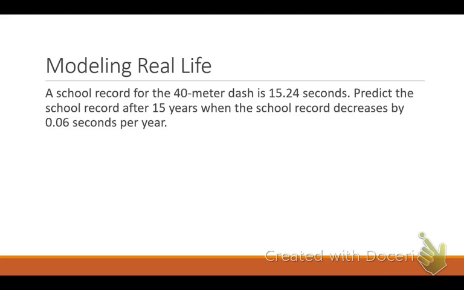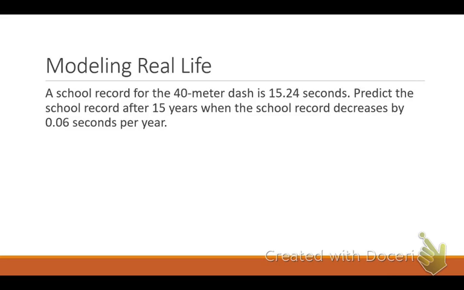Okay? So instead of writing 0.06 plus 0.06 plus 0.06 15 times, how can we show that in an expression? Instead of adding it to itself 15 times, we can multiply, we've been doing it in this lesson.